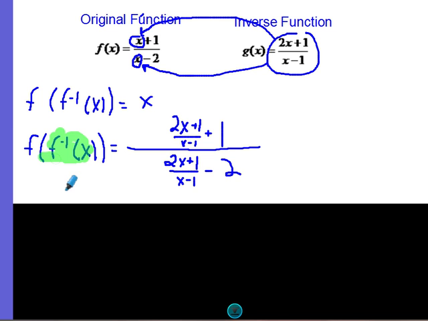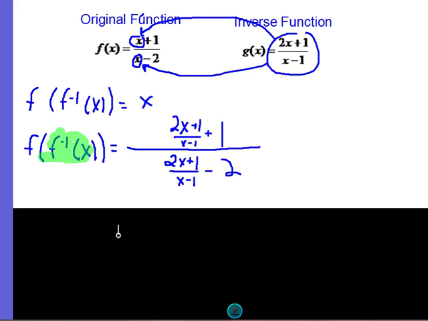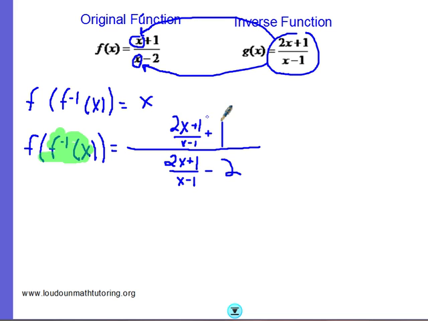All right, so all we did was take our inverse function and stuff it inside of our original function. All right, yikes, we have these complex fractions here. If you're not good in fraction math, you want to pay close attention to what to do next. All right, what I would do is you need some common denominators to add these terms together. So let's give that a try. Okay, let's try our numerator first.